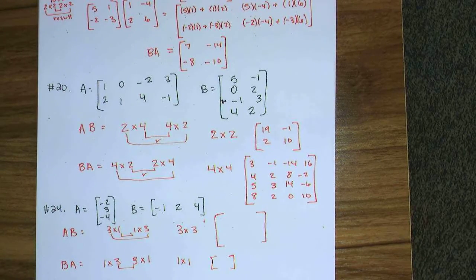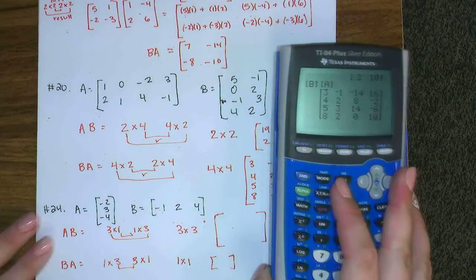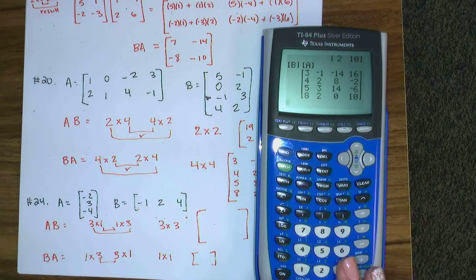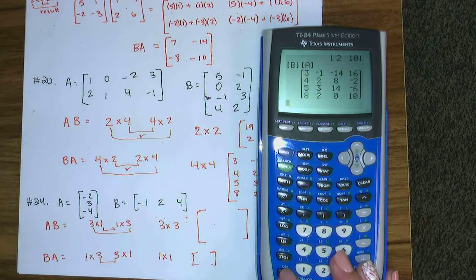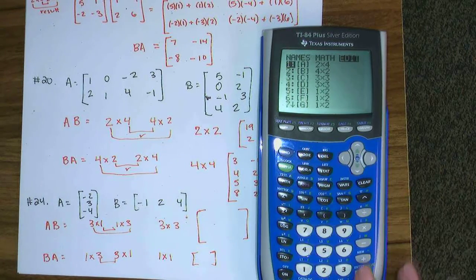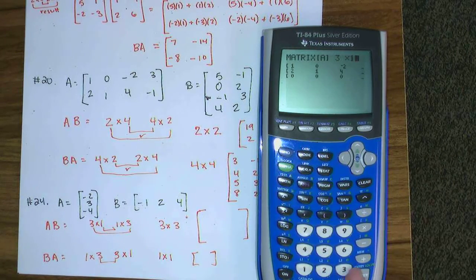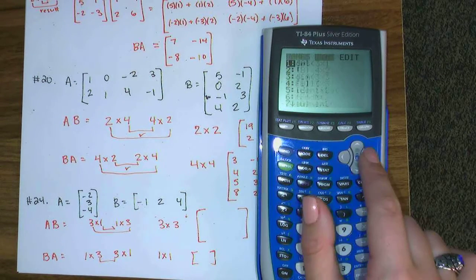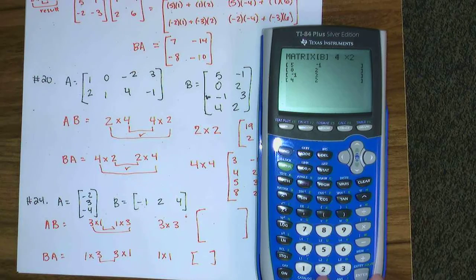Alright, so then on the calculator, we're going to go second matrix, edit, so it's a 3 by 1: negative 2, 3, negative 4. Second quit, second matrix, edit B, which is a 1 by 3, and this is negative 1, 2, 4.